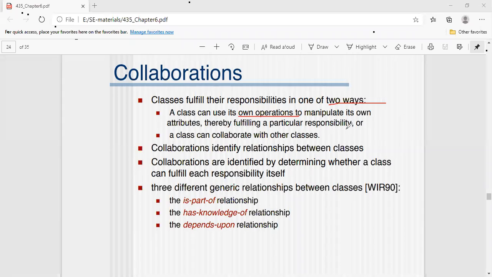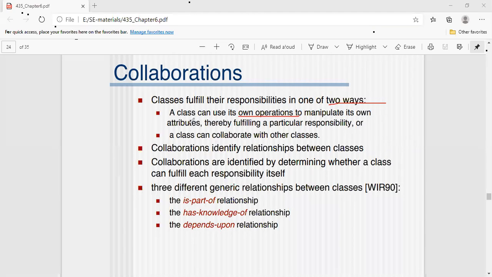So the class itself can do everything to fulfill the project. It's like a single man show to complete that particular project.